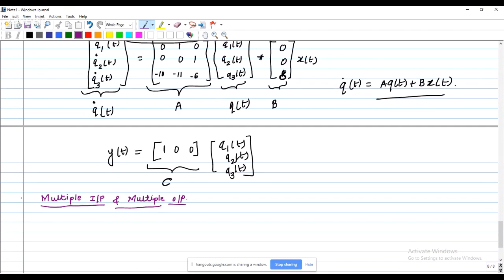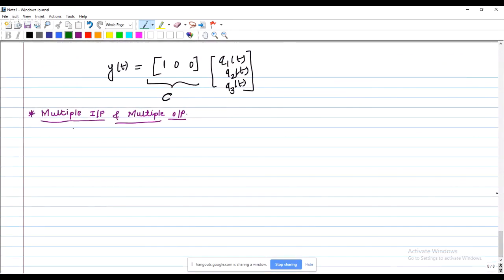Up till now there was only one input, one output. Now there are multiple inputs and multiple outputs. The case that we consider is there are total m inputs and total p outputs.